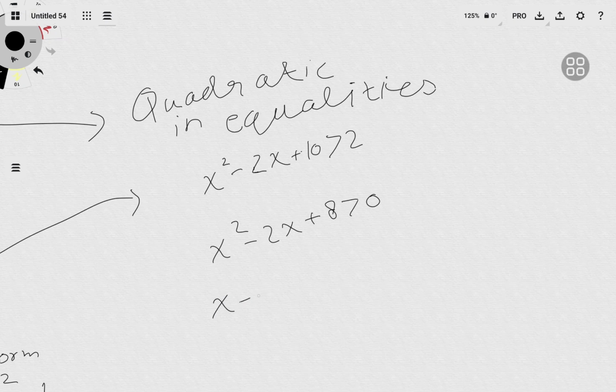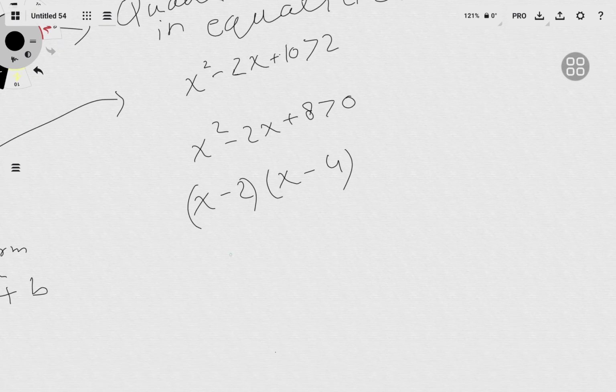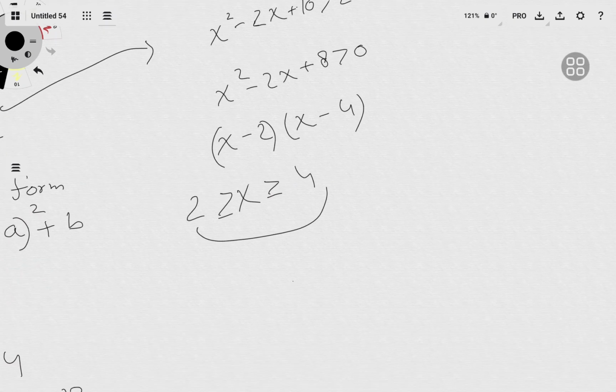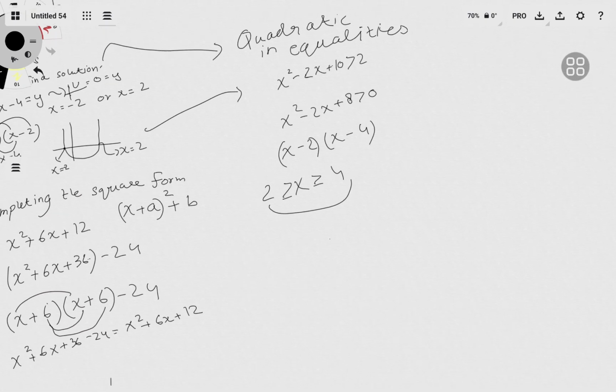X minus 2, x minus 4. So x is either greater than or equal to 2 or less than or equal to 4. So this is the range of how x can lie.